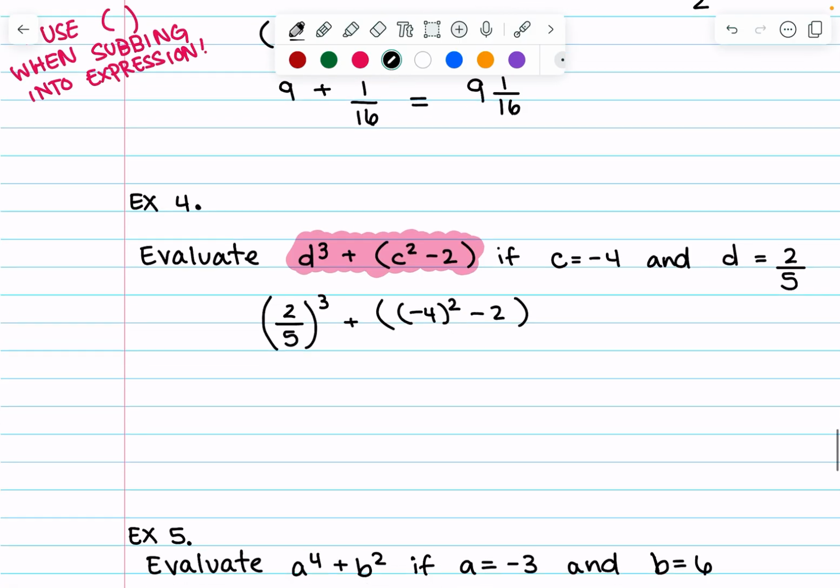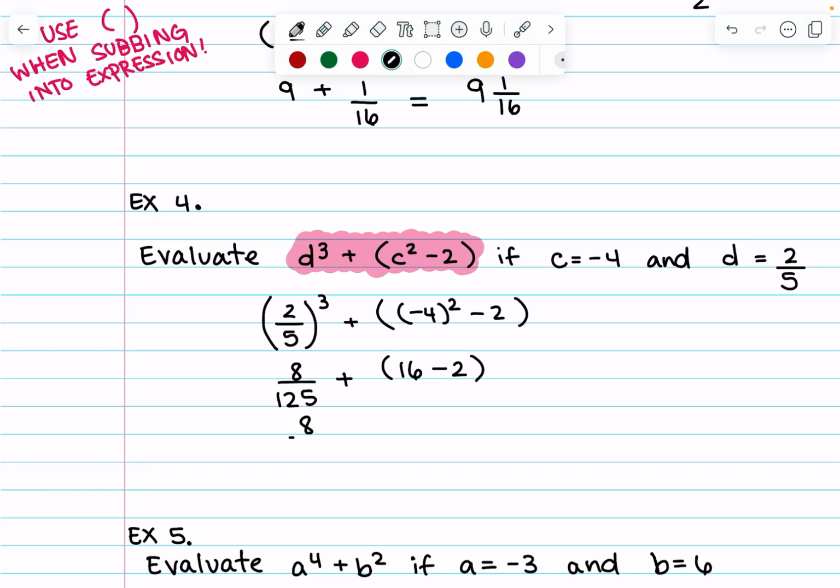All right, 2 to the power of 3 would be 8. 5 to the power of 3 is 125. Plus, now we're going to look at -4 squared. Remember, this is in parentheses. So -4 times -4 would give me positive 16 minus 2. 16 minus 2 is 14.